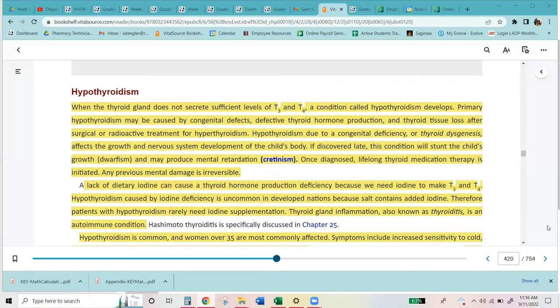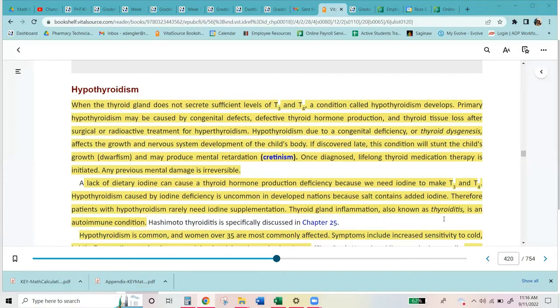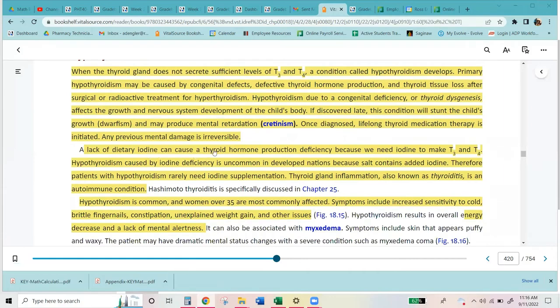Once diagnosed, lifelong thyroid medication therapy is initiated, and any previous mental damage is irreversible.